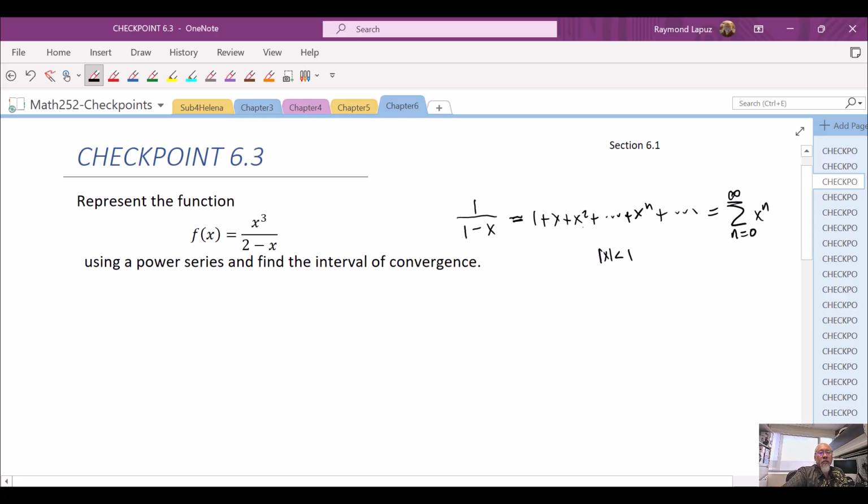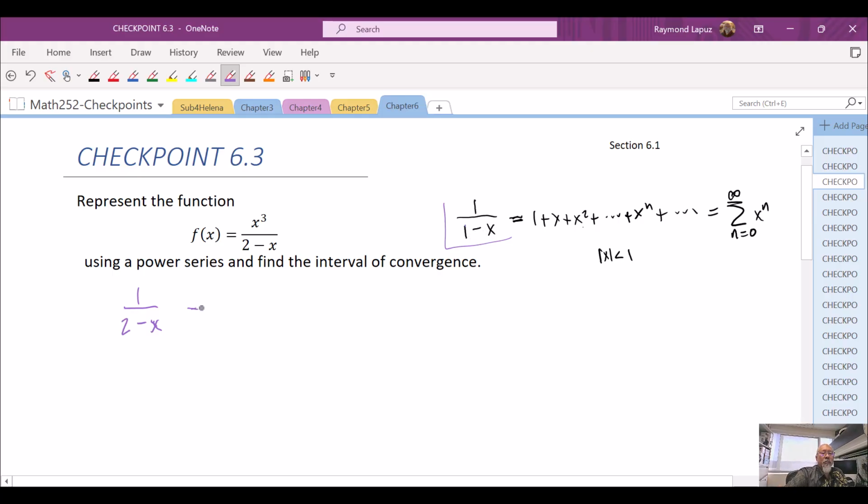Let us take a look at how to take advantage of this series in terms of what we have here. Let's take away the x cubed for now, and let's start with this expression 2 minus x. The idea is to somehow change this form to make it look like 1 over something.